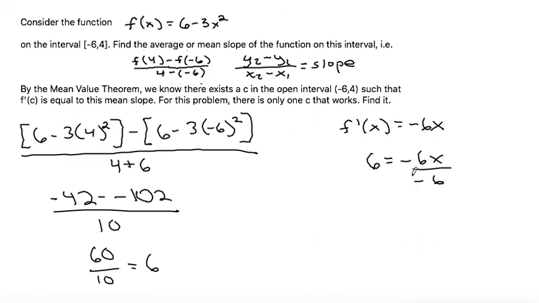Divide both sides by negative 6, and we get that x is equal to negative 1. This negative 1 is on our interval between negative 6 and 4, so that would be our value. We could call it a value of c. So when x is equal to negative 1, that means that the slope of our function is equal to the average slope of the function, which is 6.